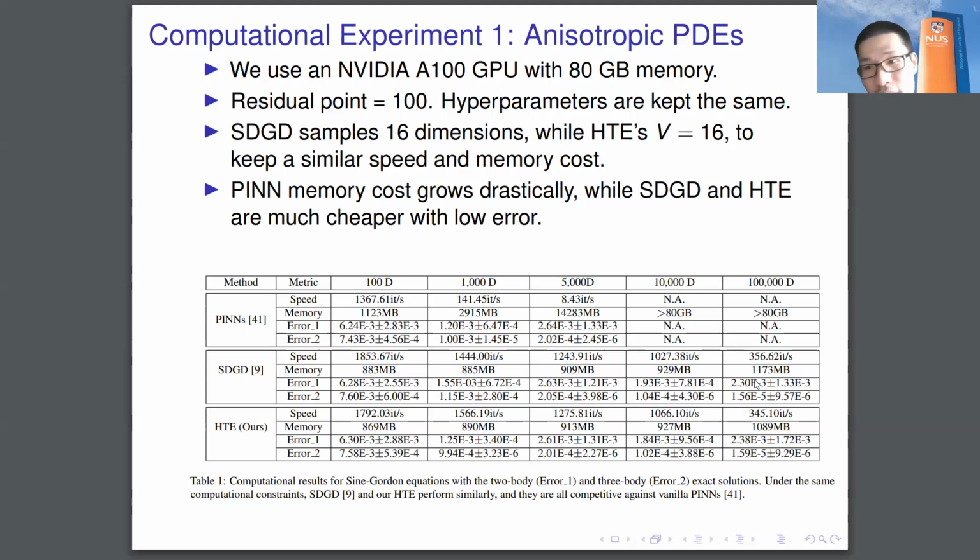Although the PDE dimension is high, we sample part of the dimension or use some queries to project a high-dimensional Hessian into some low-dimensional basis. It's still enough as long as it is unbiased and we are optimizing towards the correct direction. We can view SDGD and HTE as an extension of classical SGD over points. Yes, so here's the first experiment.